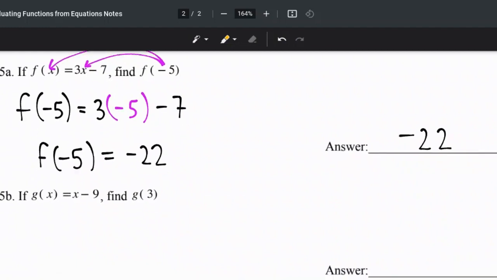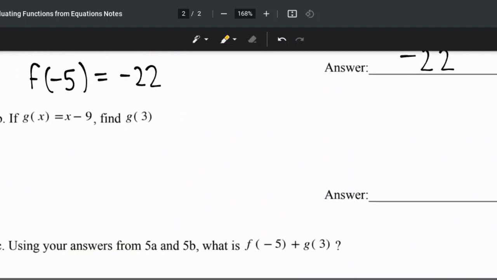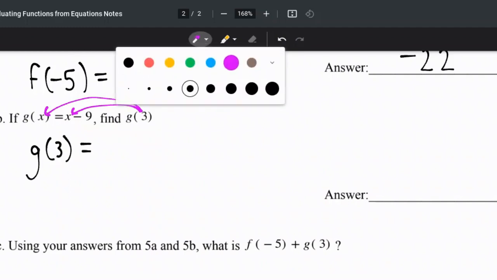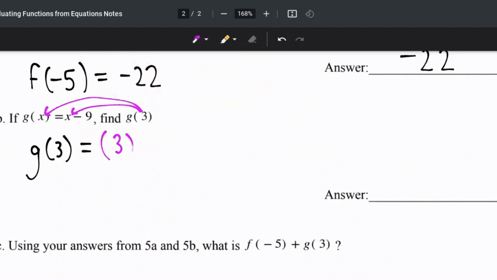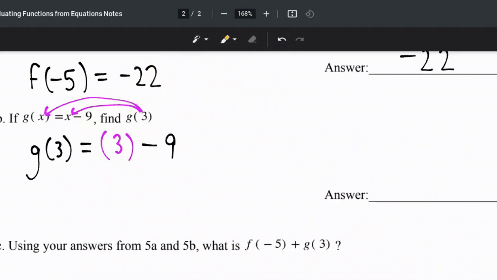5b says, if g of x equals x minus 9, find g of 3. Wherever we see an x in our function, we're going to replace it with 3. So the new one reads g of 3 equals, and then we're putting 3 in for x minus 9.